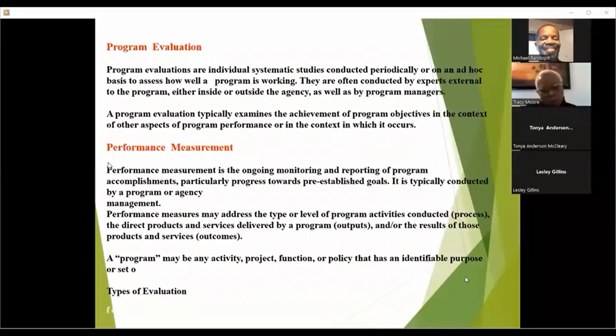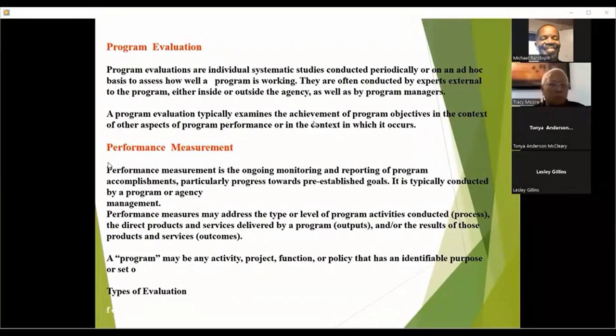Well, we do it in two ways. First is to do what we call a program evaluation. Program evaluation focuses on how you can prove what you say you're doing. It's focused on the performance.